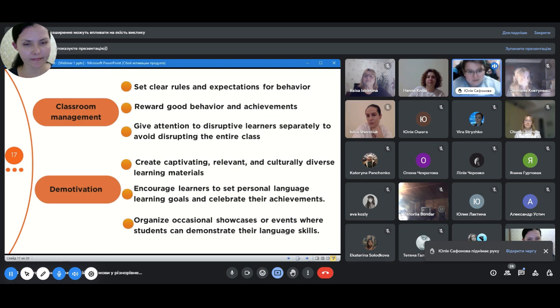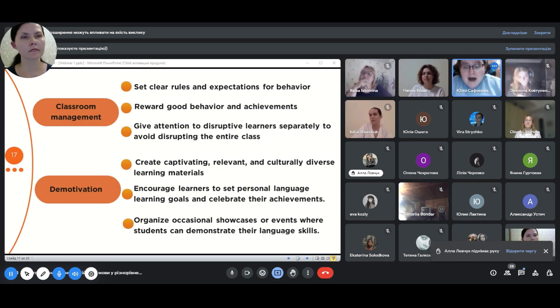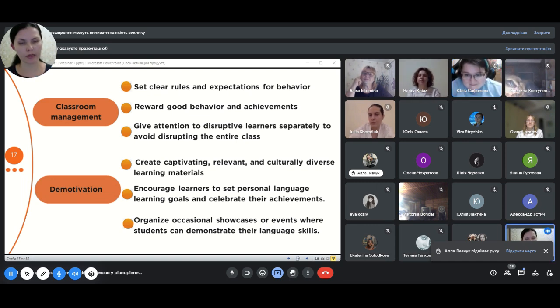I think it's a very important step for developing the level of language skills of students, because you can check how much they have improved during the course, and it's very important that they see their progress.